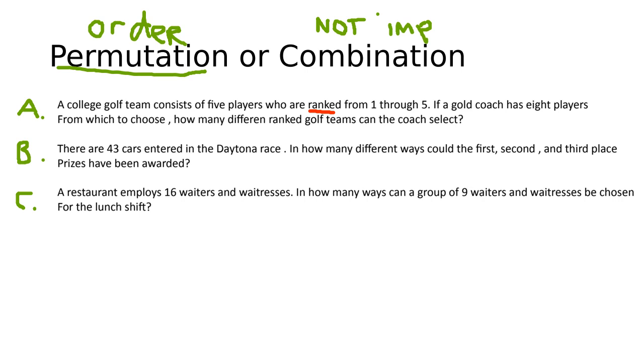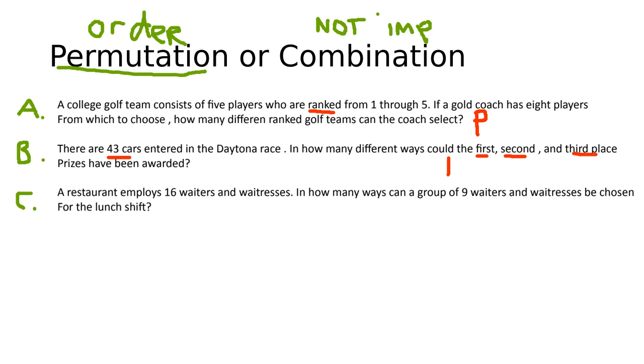Usually if you're ranked 1, that means you are the number 1 player, but if they rank you 5th, that's not the same. So yes, this is going to be a permutation. I'm going to put a P here for permutation. And then the same here for the cars. They have a first, second, and third place, so the way they finish is important. So that's going to be a permutation as well.